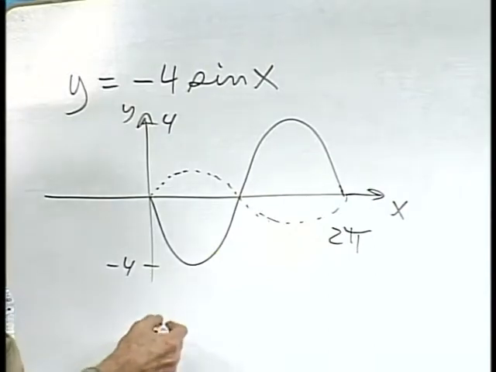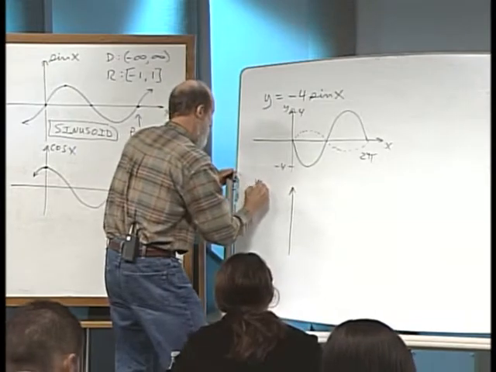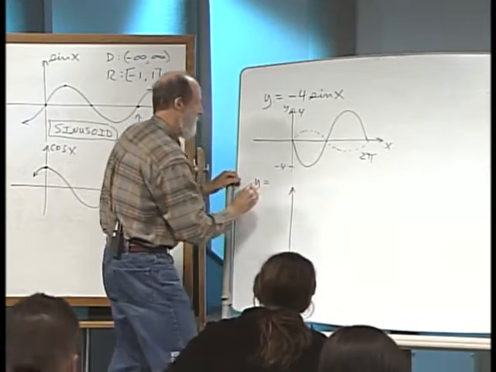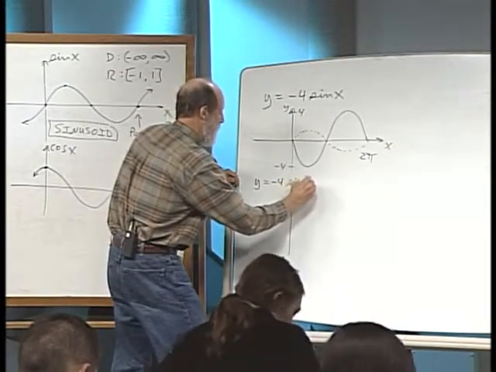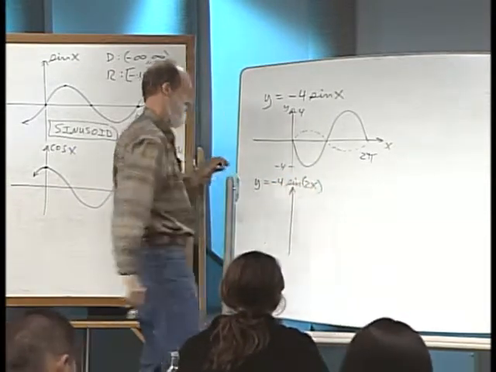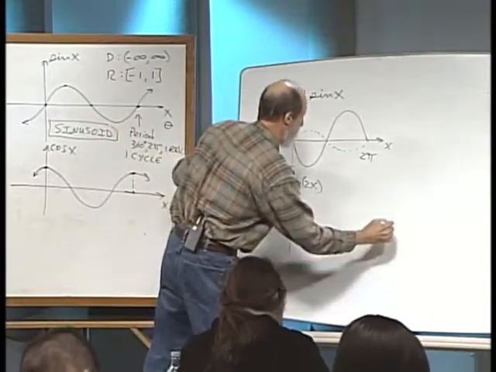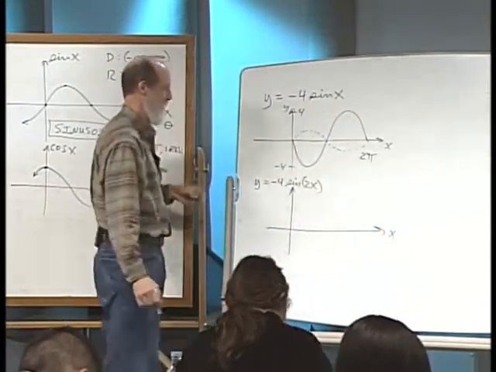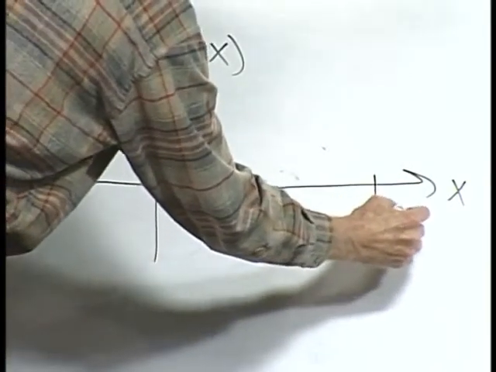Okay, let's draw another one. Let's say I have y equals minus 4 sine of 2x. Quick sketch, and I'm going to keep the same scaling here.